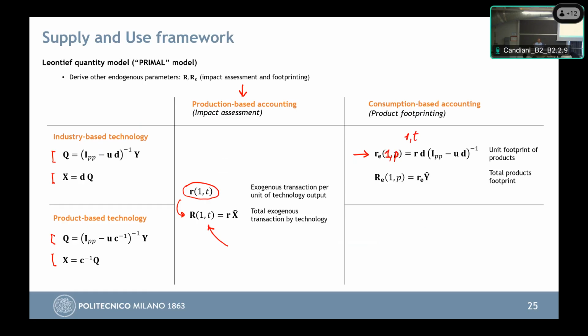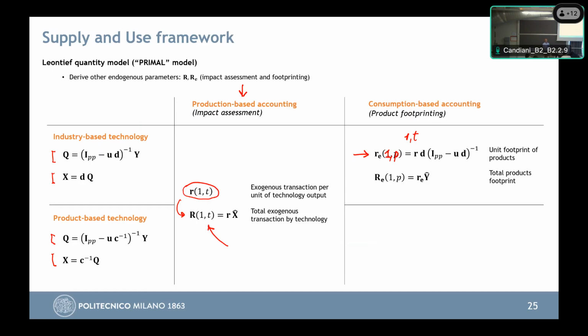I have one assumption, in this case, this first line, that is industry-based technology. So the small r, the exogenous transactions per unit of technology activity, to be translated into unit of products, must be post-multiplied by D, that is my market share.